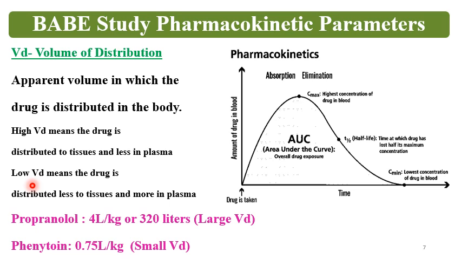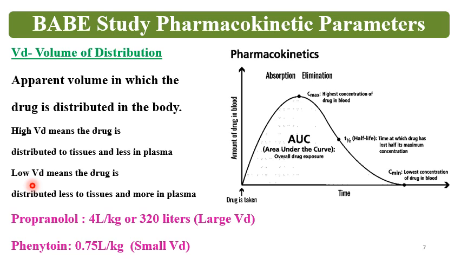Now once again you should relate this to the T half. If a drug has high VD, it will have a long T half. If a drug has low VD, it will have a short T half.